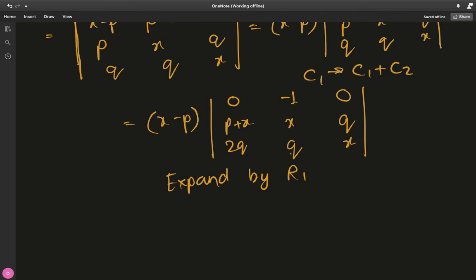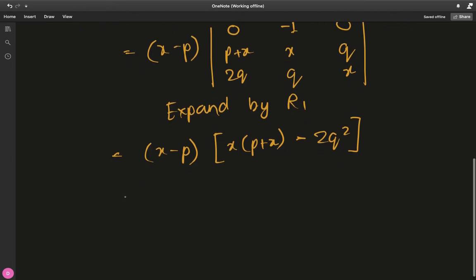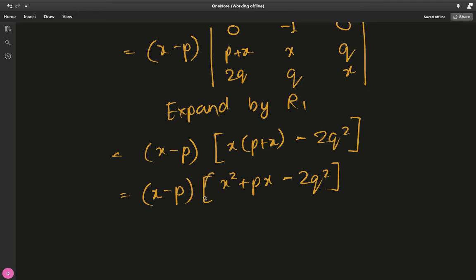We only need to worry about one other column. So when I do that, x minus p, negative negative becomes a positive, and we have x times p plus x minus 2q times q, which is 2q squared. So when I expand this, x minus p times x squared plus px minus 2q squared.